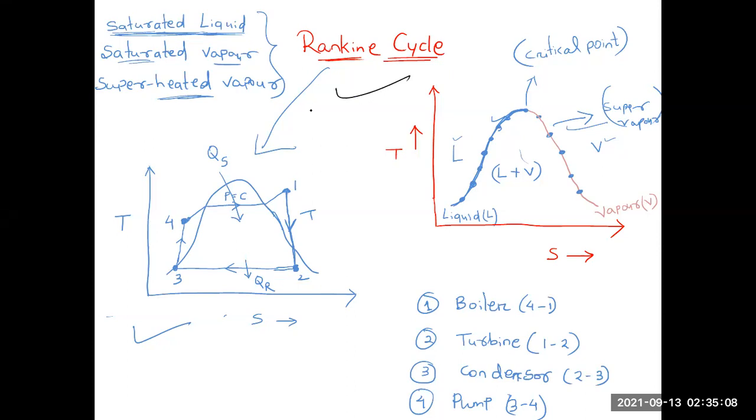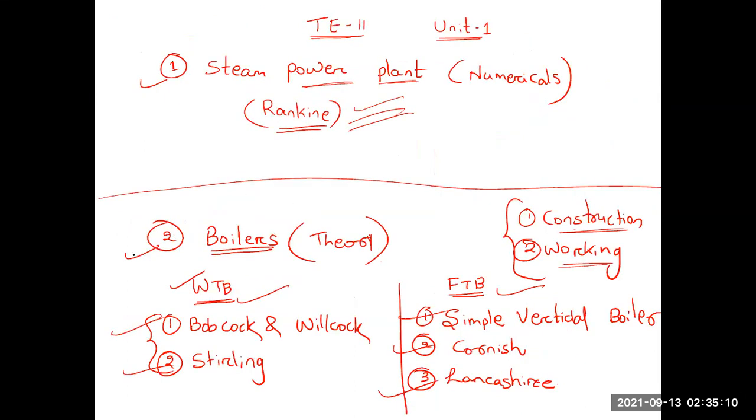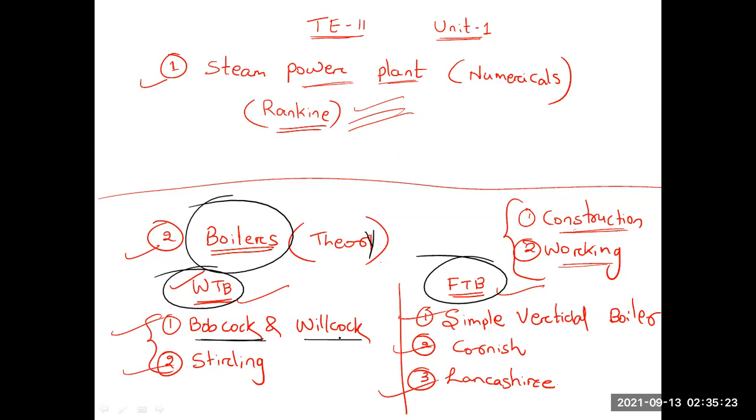After that, the second part is boiler. From boiler it is only theoretical; there are no numericals in this part. There are two types of boilers: water tube boiler and fire tube boiler. In water tube boilers we have the Babcock and Wilcox boiler and the Stirling boiler.